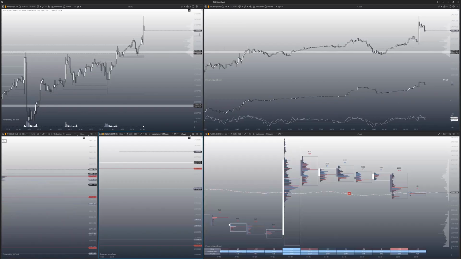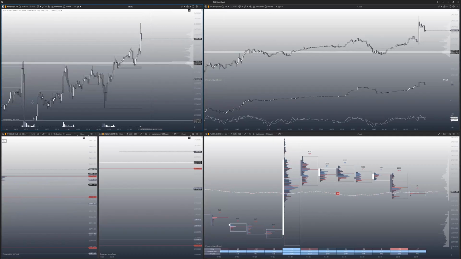Nasdaq is still long for me, so long as it holds this price level at the moment, 23,890.75, and for today I'm looking only for the long.